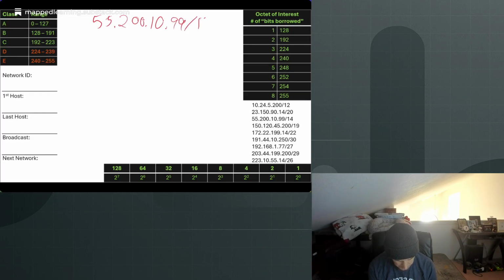55.200.10.99/14. Okay, so first thing we do, it's a class A, and we're going 14. So 8 plus 6 is 14. So now our new subnet mask is 255.252.0.0.